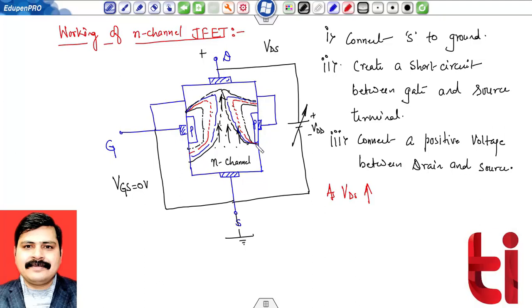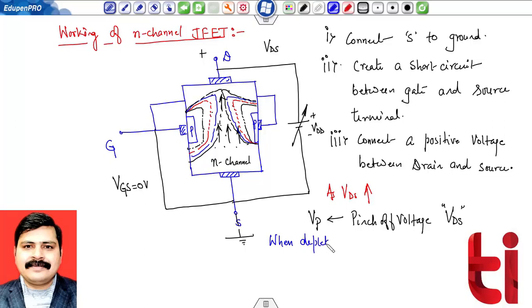So that particular voltage is known as pinch off voltage, abbreviated as VP. So this is my pinch off voltage. VDS attains this level.